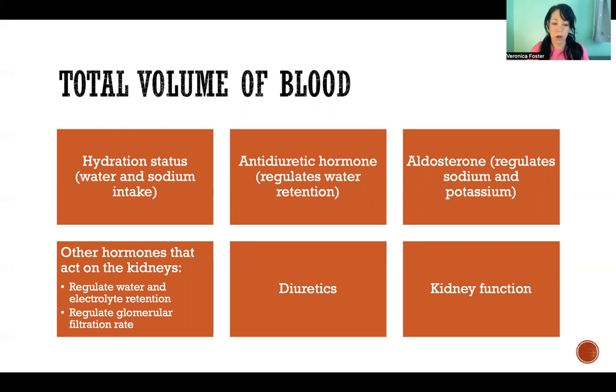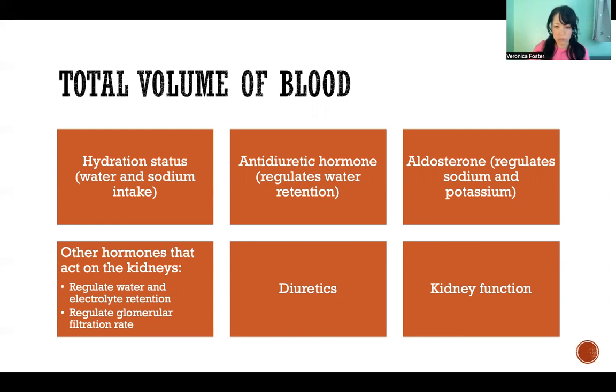And some hormones also affect glomerular filtration rate, which essentially refers to how fast our kidneys are filtering our blood. So the faster they filter blood, the more we lose. So the faster we filter blood, the more water and electrolytes we lose in the urine. The slower we filter the blood, the more time we have to reabsorb those things and keep them in the body. So again, I'll discuss hormones in more depth in my next video.